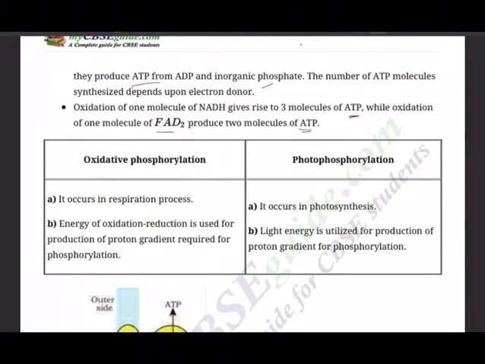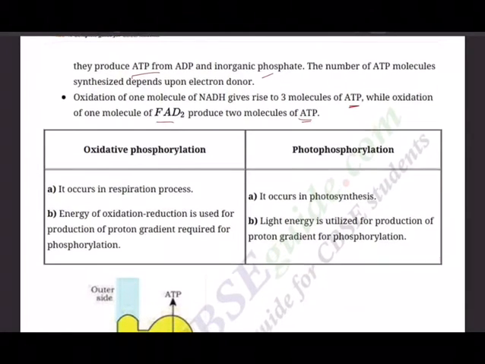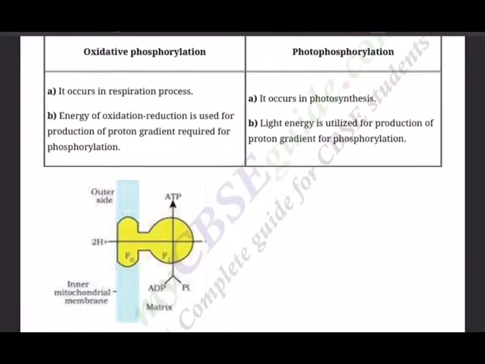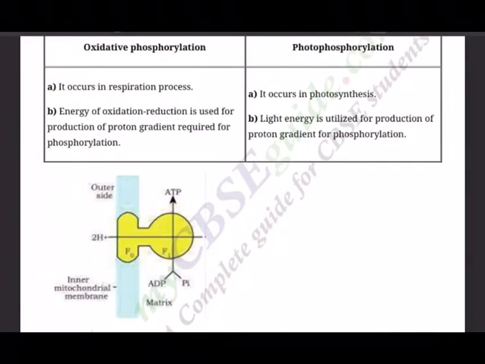Complex number 2 is the succinate dehydrogenase complex, the third is the cytochrome bc1 complex, and the fourth is the cytochrome c oxidase complex. And there is a fifth complex, called the ATP synthase complex, which is involved in ATP synthesis. This is how the ATP synthesis will take place.